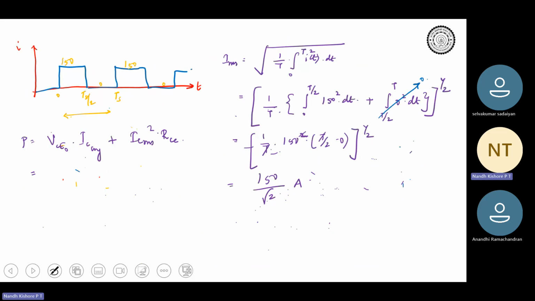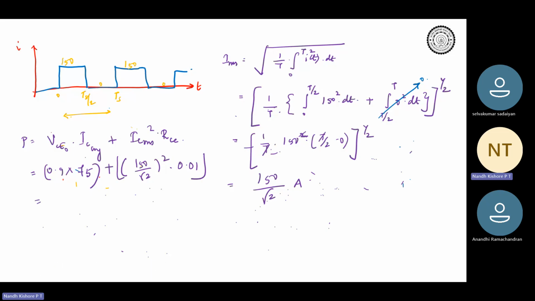So we'll just plug it in over here. VCE0 is 0.9 into IC average, which was 75, that is 150 by 2, plus IC RMS, which is 150 by root 2, square, into RCE, which is 10 milliohms, that is 0.01.